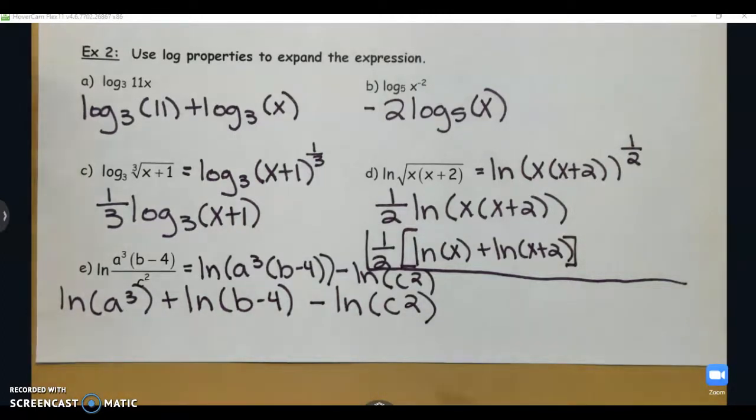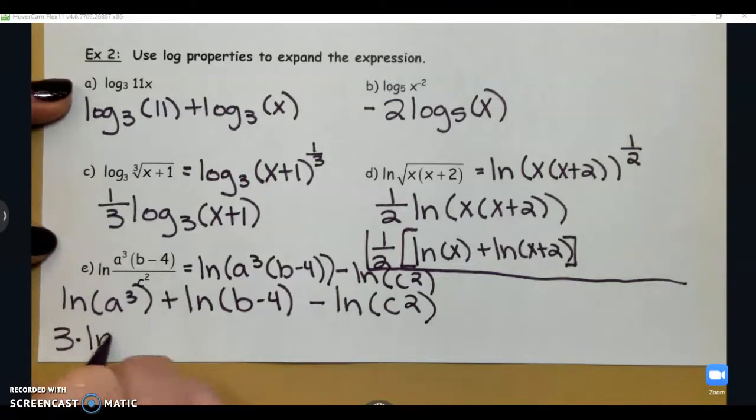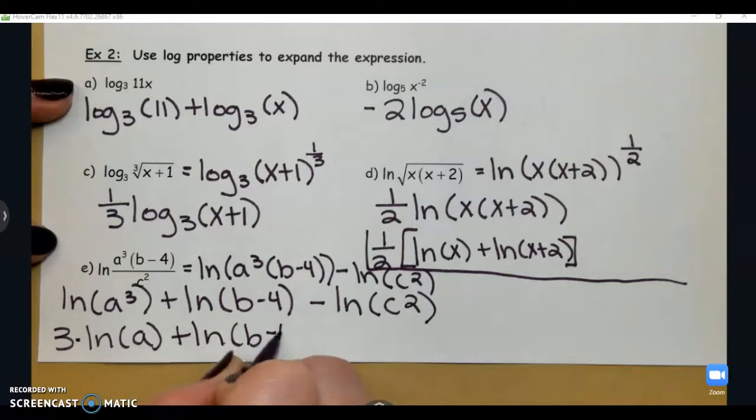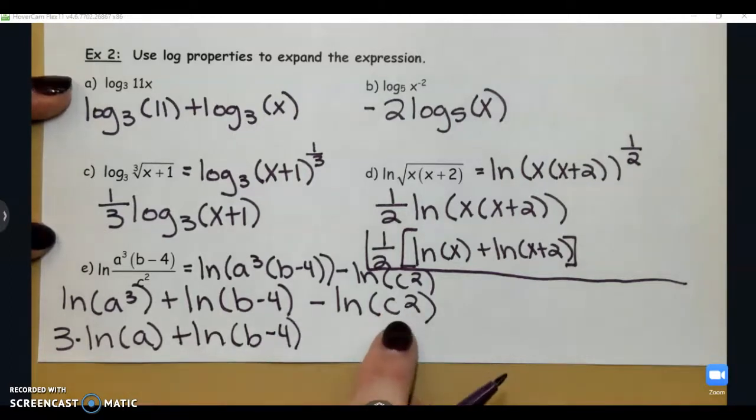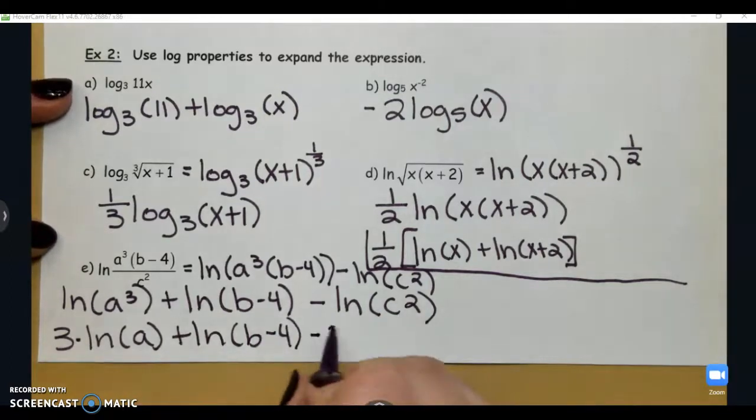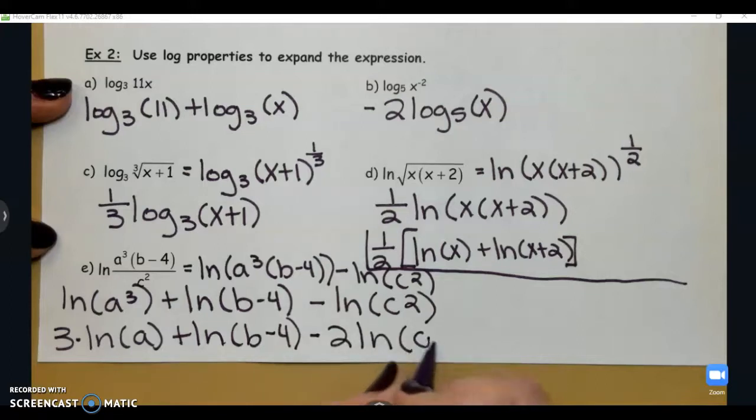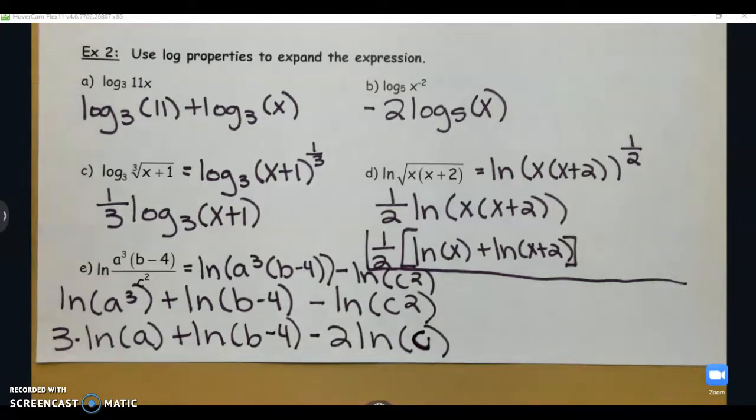I have a cubed, so that's going to be 3 times natural log of a. I do not have an exponent on the b minus 4 term, but look here, I have an exponent on that c squared, so I'm going to put that in front. That should just be a c. Sorry, that loop went along a little too far. And here is my final expanded expression. So that is expanding logarithms.